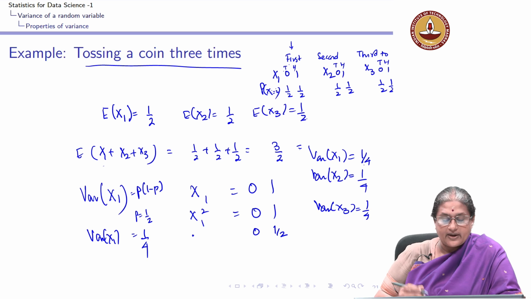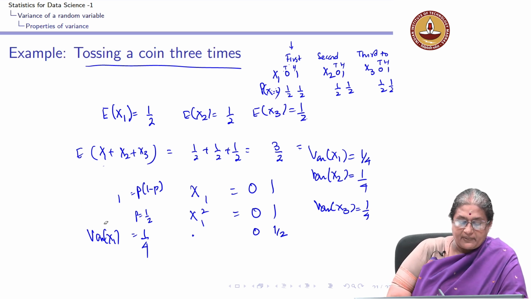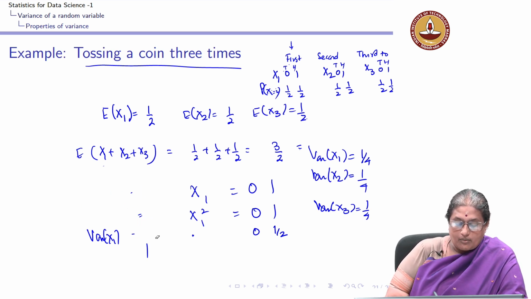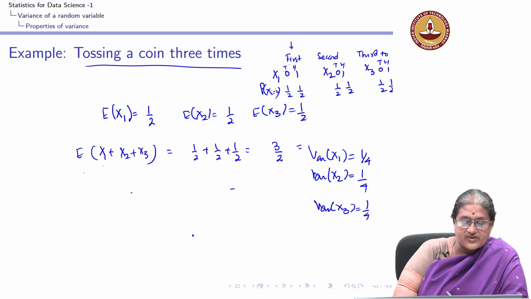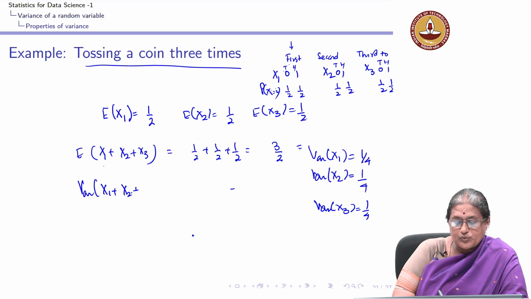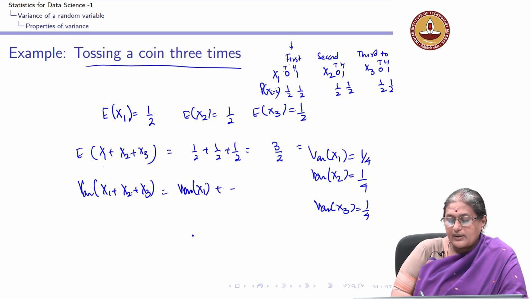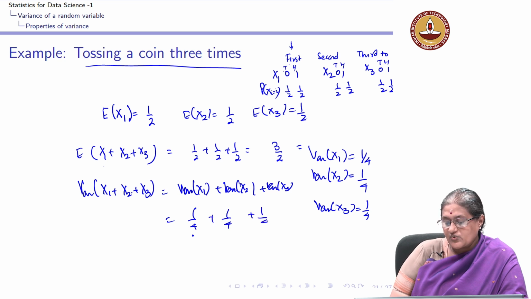They are independent also. So, I can apply my property that the variance of a sum is the sum of variances, which we have just seen. So, the variance of x1 plus x2 plus x3 would be the variance of x1 plus the variance of x2 plus the variance of x3, which is going to be 1 by 4 plus 1 by 4 plus 1 by 4, which is 3 by 4.